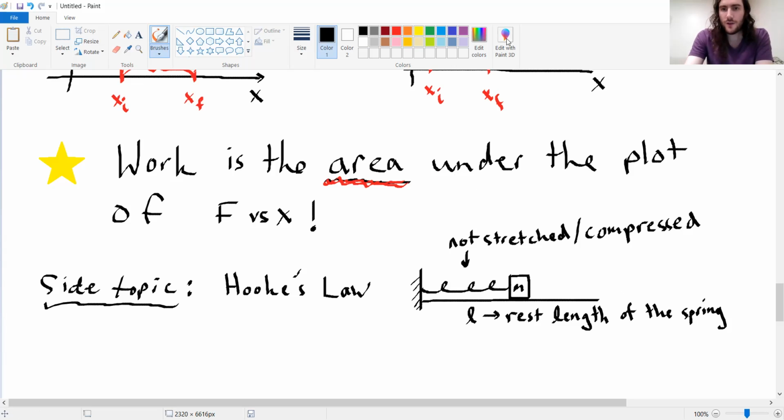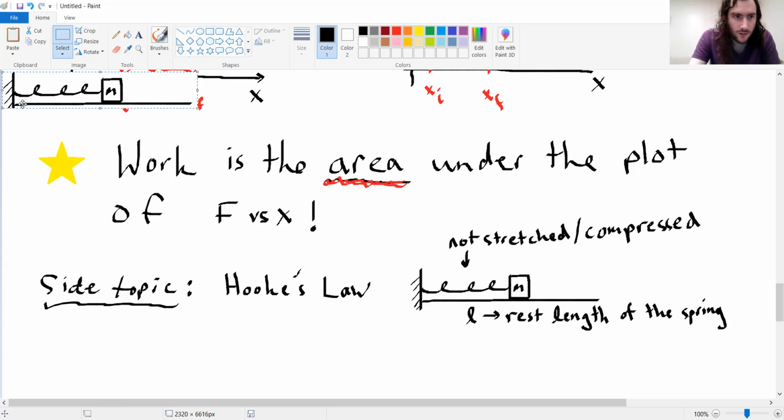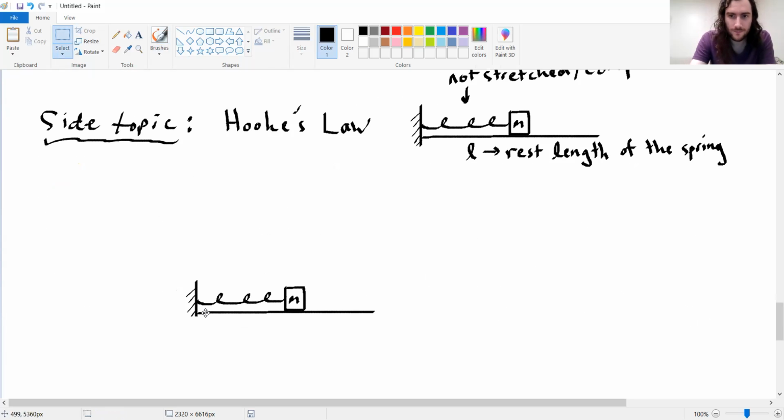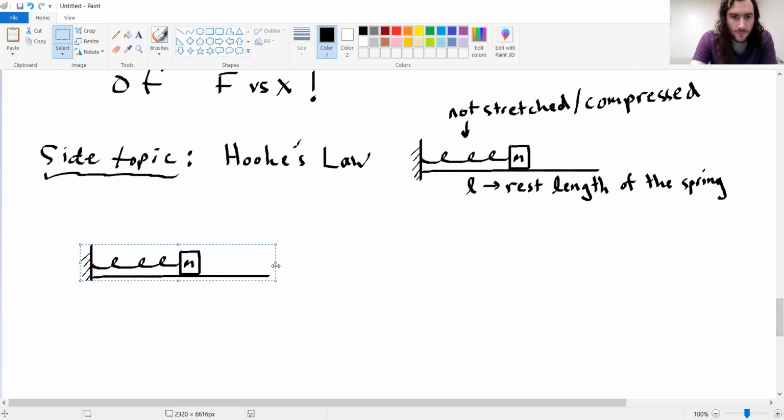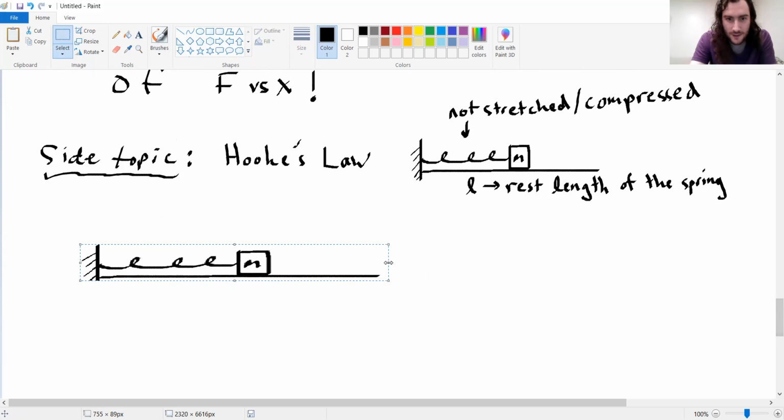But if you stretch the spring, I'm going to go ahead and cheat a little bit here. I'm going to copy paste this. If you stretch the spring, I'm going to just do something crazy like this, taking advantage of Paint.